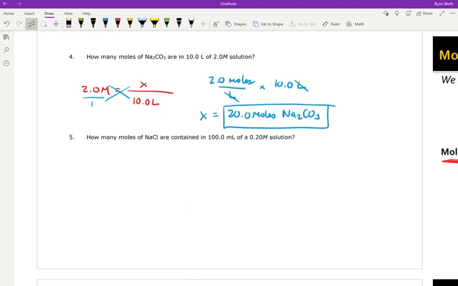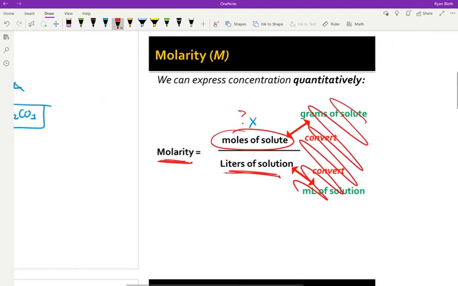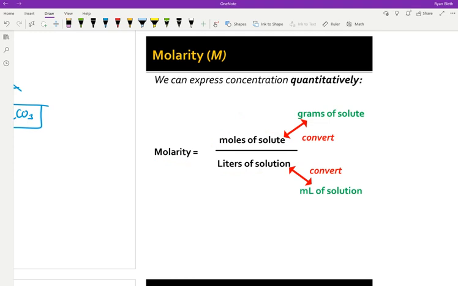And very similarly in number 5, how many moles of NaCl are contained in 100 milliliters? I'm going to look at that right away and say, I don't like 100 milliliters here. I'm going to turn that into a liters of volume pretty much right away, because I know my main equation, and again, let's clean that up over here. My main equation needs me to have liters of solution, not milliliters.